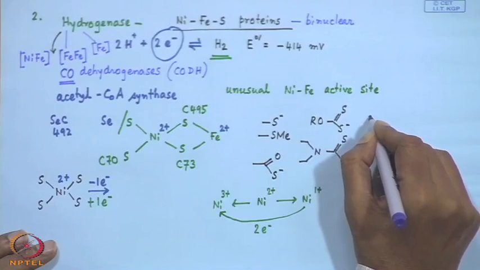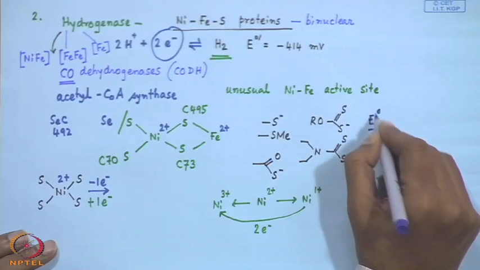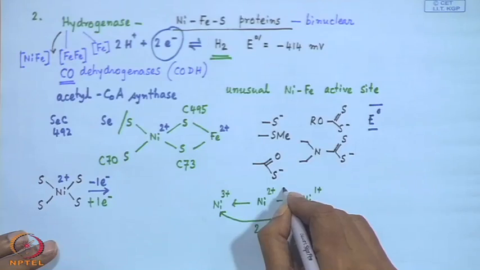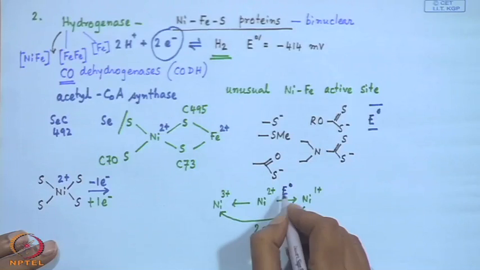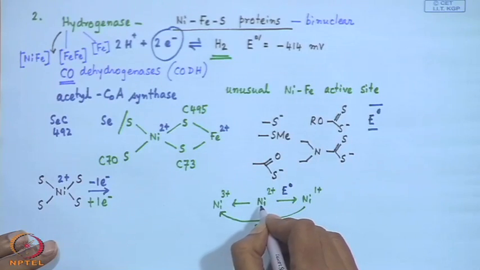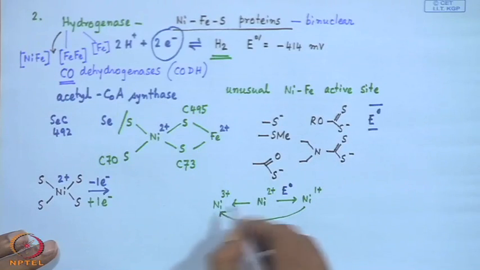So, you make the synthetic molecule and you determine the corresponding E0 values by a simple technique like cyclic voltammetry. So, cyclic voltammetry will tell you how easily you can go from a nickel 2 plus compound, a bivalent nickel compound, to a monovalent nickel compound or a trivalent nickel compound.